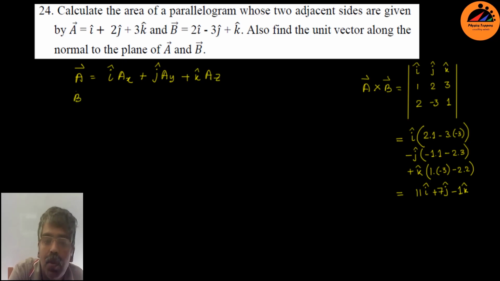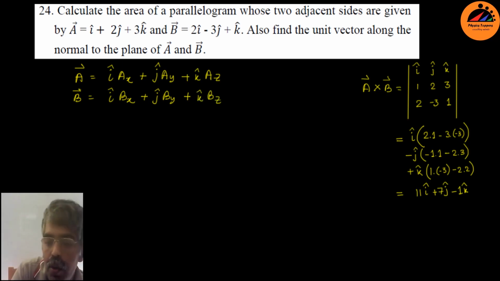And B is i cap times BX plus j cap, sorry, BY plus k cap times BZ.